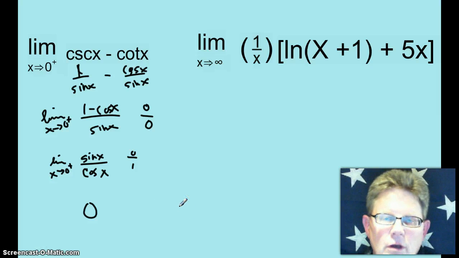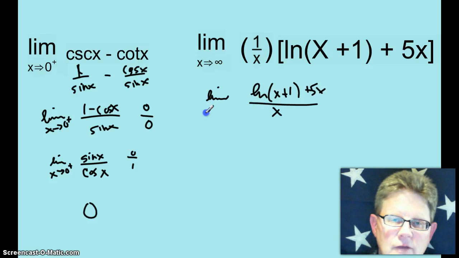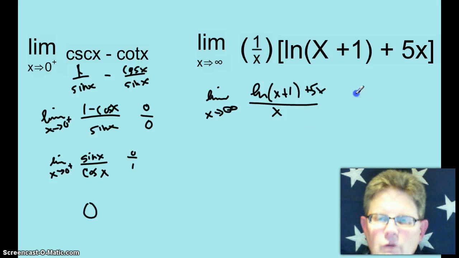Whoa, look at this crazy one. All we're going to do is rewrite it as a fraction. This 1 over x, and this is ln of x plus 1 all over 5x. So we're just going to write it as the ln of x plus 1 plus 5x all over x, the limit as x approaches infinity. And that would be infinity over infinity.